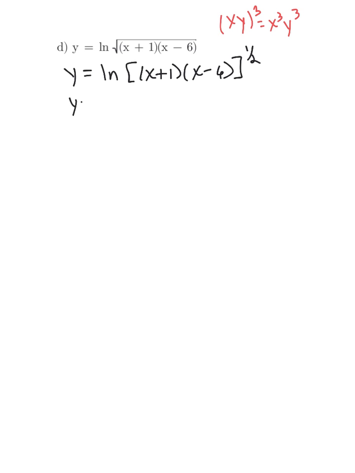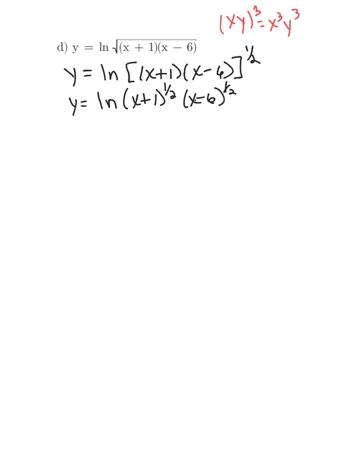So we are still rewriting y. We're going to have the natural log of x plus 1 to the 1/2 times x minus 6 to the 1/2. It's kind of the same idea as distributing. Each of those items gets that power.